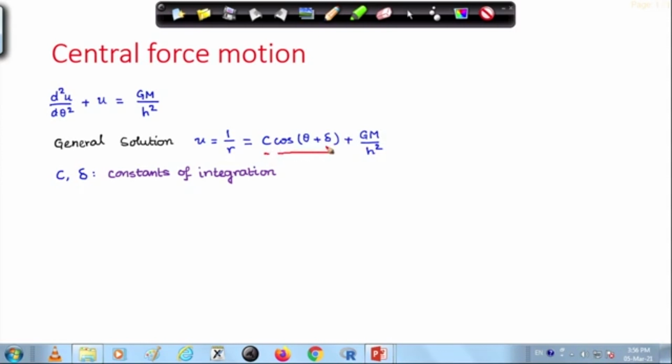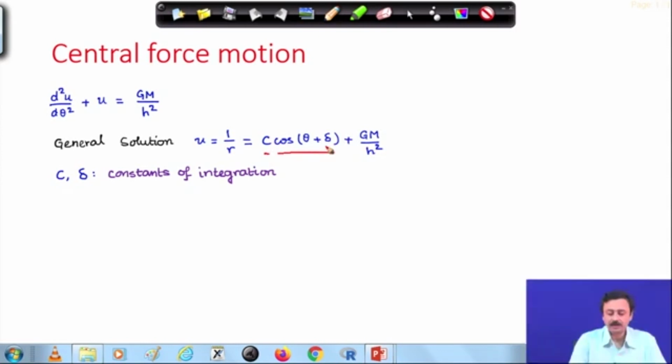Theta is our independent variable, delta is a phase. This is typical of the solution of a second order linear ordinary differential equation, and this is a constant inhomogeneous term which comes in the solution as it is. Here, c and delta, the amplitude and phase, are constants of integration.